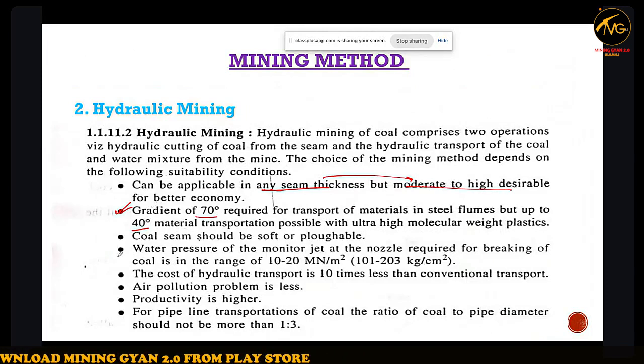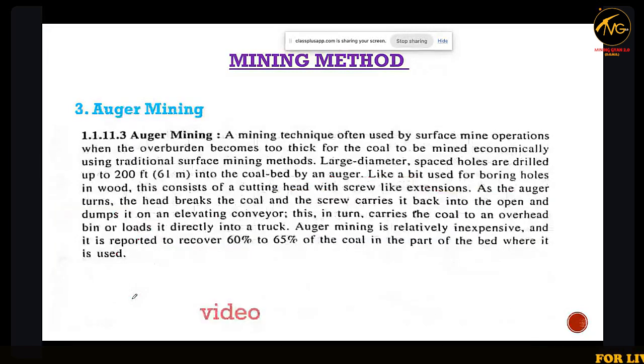Then we come to soft coal and water pressure jet. The cost is 10 times lesser, air pollution is less, and productivity is higher. The ratio of coal and pump diameter to pipe diameter should be 1:3, not more than that.